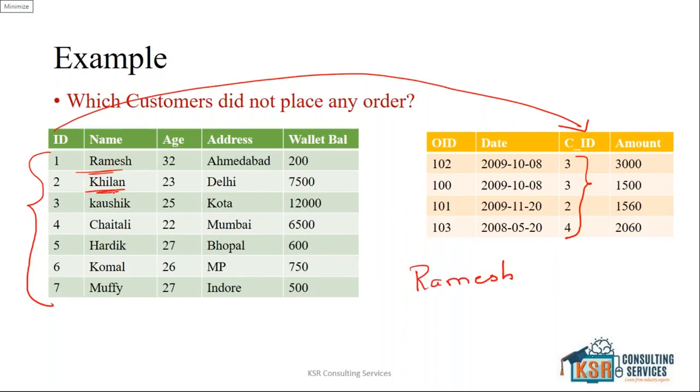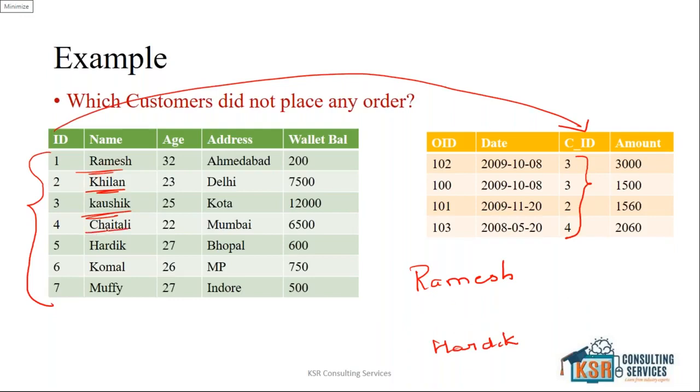Is Kilan present? Yes. Kaushik is present? Yes. Project is present. Yes. Ramesh is not present. Chaitali is not present. Hardik is not present. Komal is not. Chaitali is present. Chetal is present, right? Yeah.